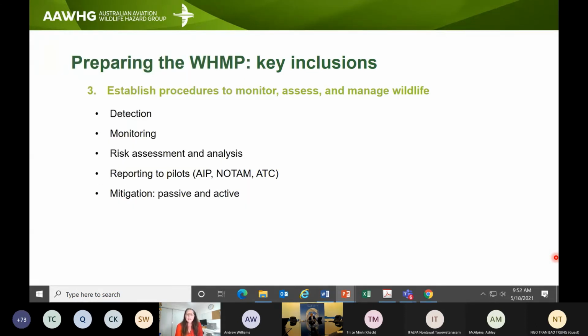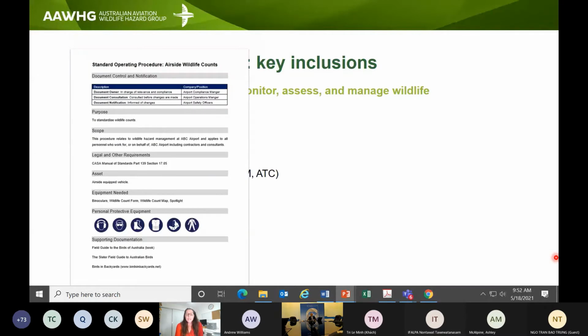Yes, next slide, please. So I have here just an example of a standard operating procedure that a lot of Australian airports would have a similar version of.